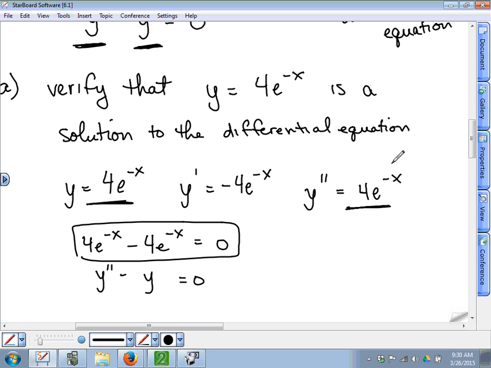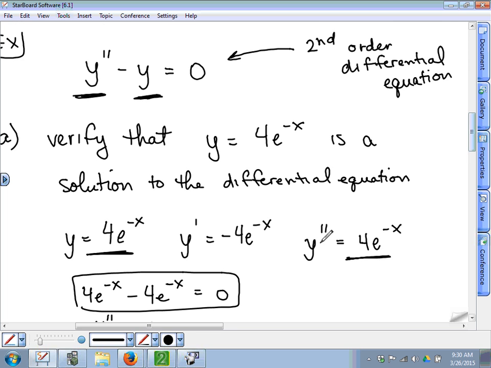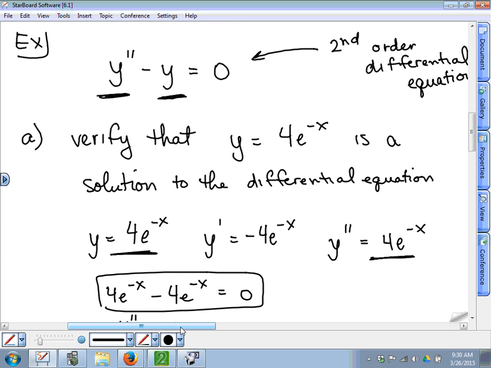Okay, this was our first example, right? We had a second order differential equation. We had to verify that this was a solution.